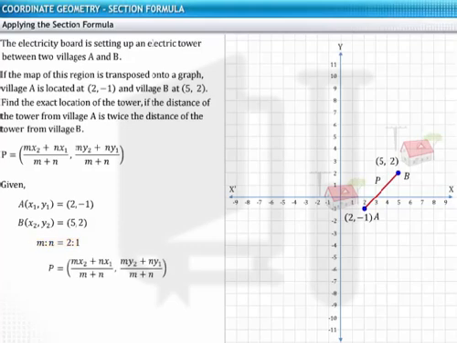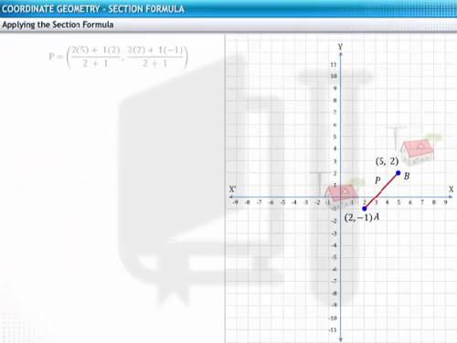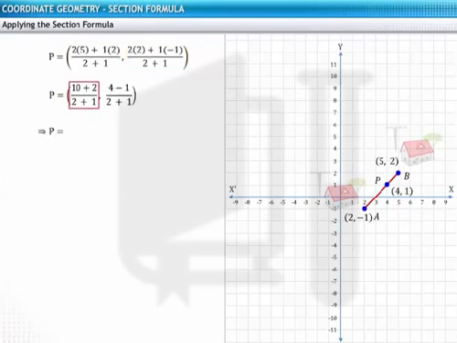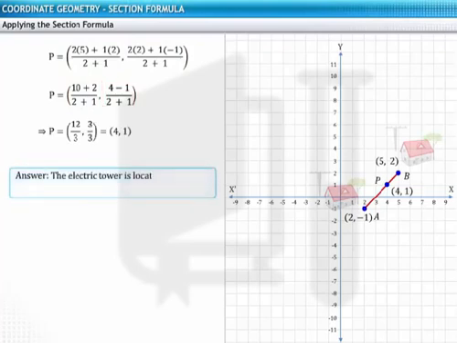Substituting the coordinates of A, B, and the ratio m:n in the section formula, you can determine the coordinates to specify the position of the tower. Simplifying, you get the coordinates of P as 4, 1. The electric tower is located between villages A and B at 4, 1.